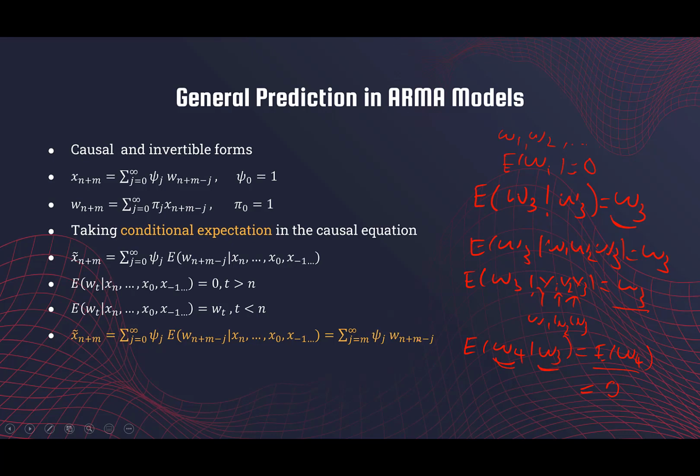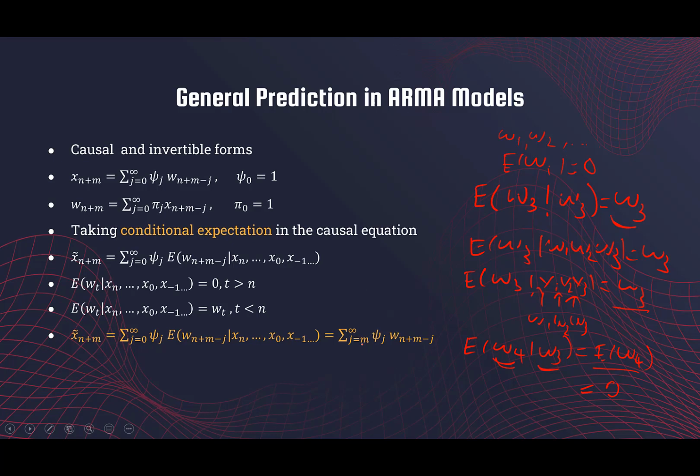So let's see, if j is equal to m, right? So expectation of wn given xn and backwards is just wn, right? So this holds for j is equal to m and so on.